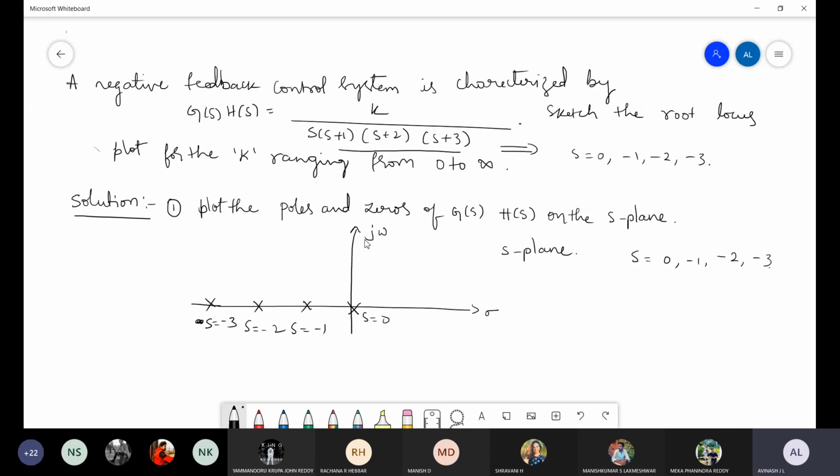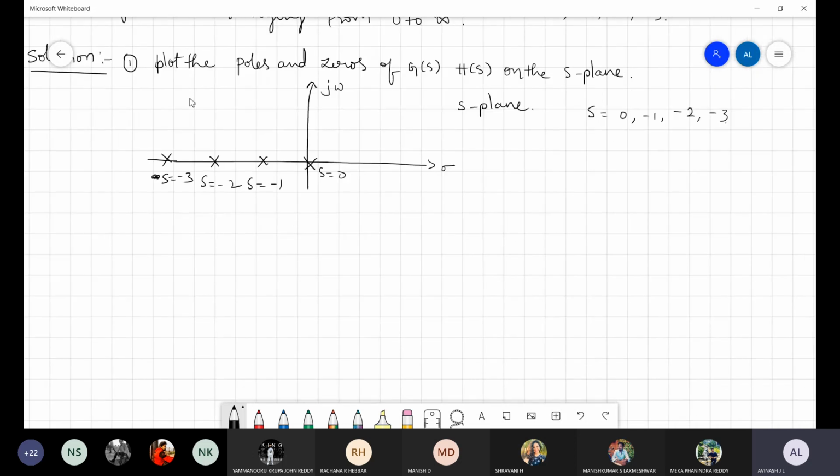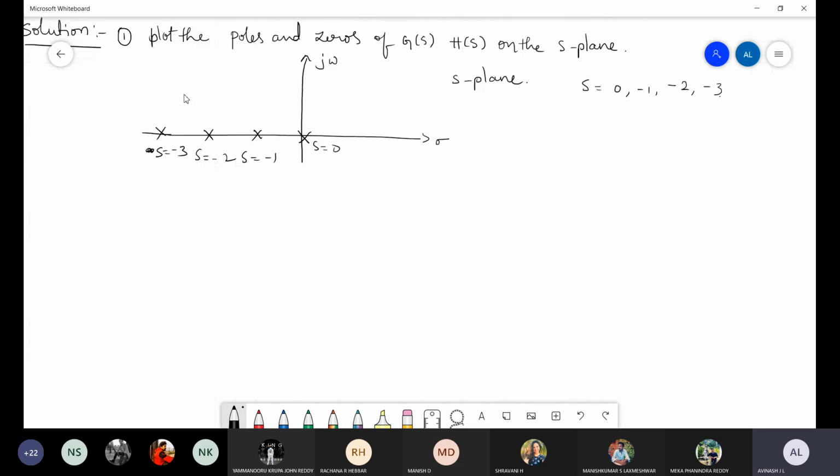Once you plot this, you can go for the next step, that is step number 2. When k equal to 0, the points are 0, minus 1, minus 2, minus 3. When k equal to infinity, there are no zeros, so I can say infinity, infinity, infinity, and infinity.